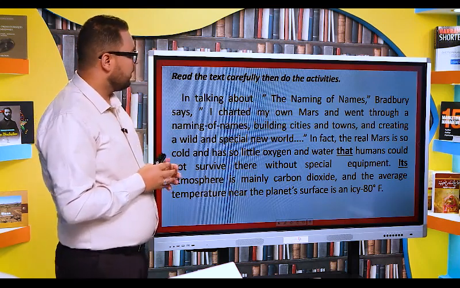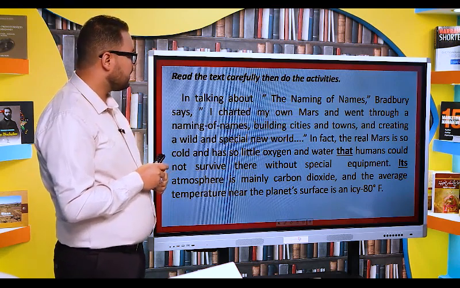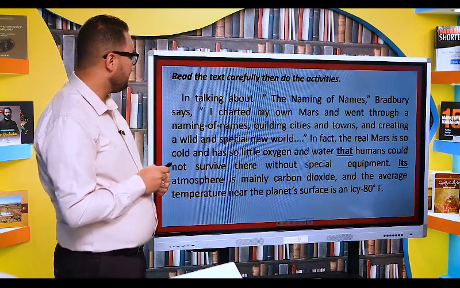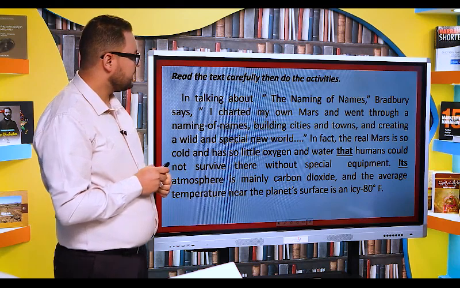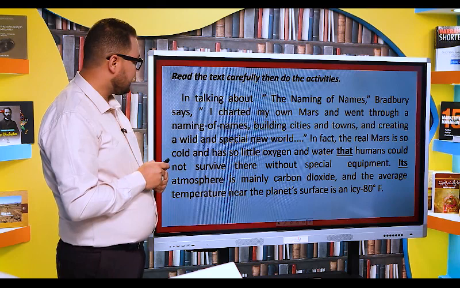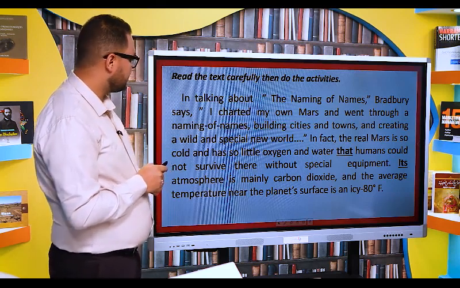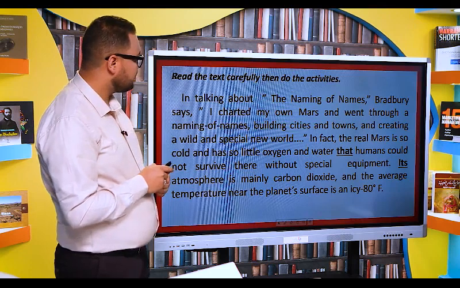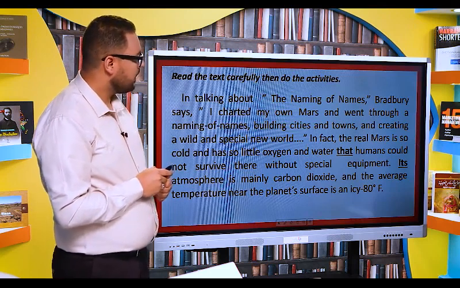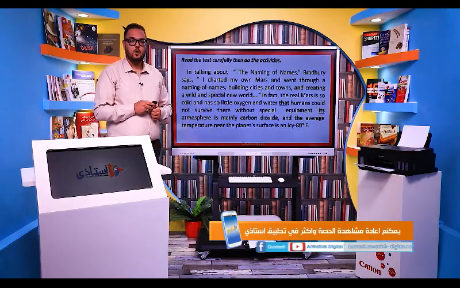In talking about the naming of names, Bradbury says, "I charted my own Mars and went through a naming of names, building cities and towns and creating a wild and special new world." In fact, the real Mars is so cold and has so little oxygen and water that humans could not survive there without special equipment.